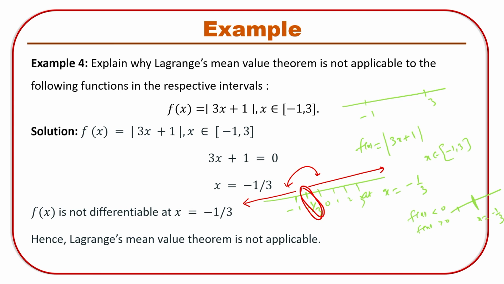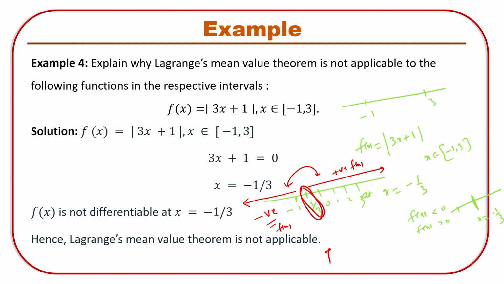You can check it. Put the value x equal to 0. What do you get? You will get 1, that is greater than 0. Put the value -1 itself. What you will get is -3 + 1 equal to -2, that is less than 0. So here you will get the negative value of the function f(x), and here you will get the positive value of f(x), right? So these are the two behaviors, and hence, as you can remember, modulus of x cannot be differentiable at that point.